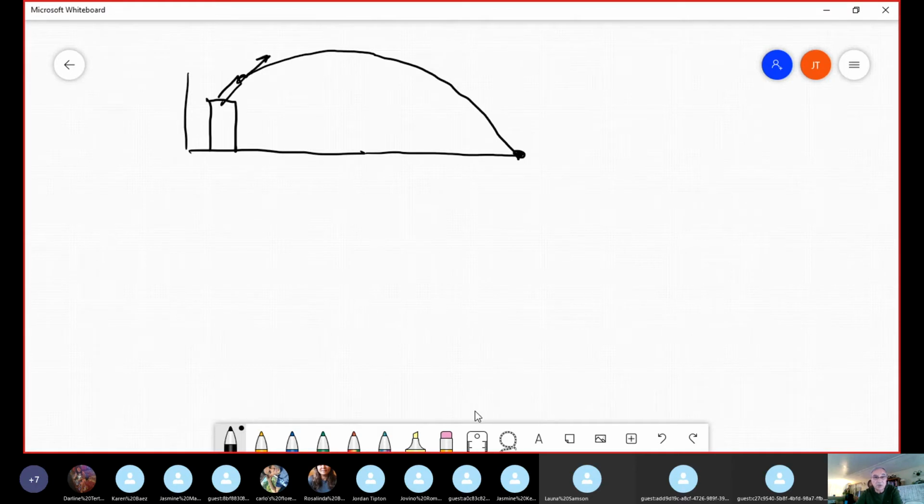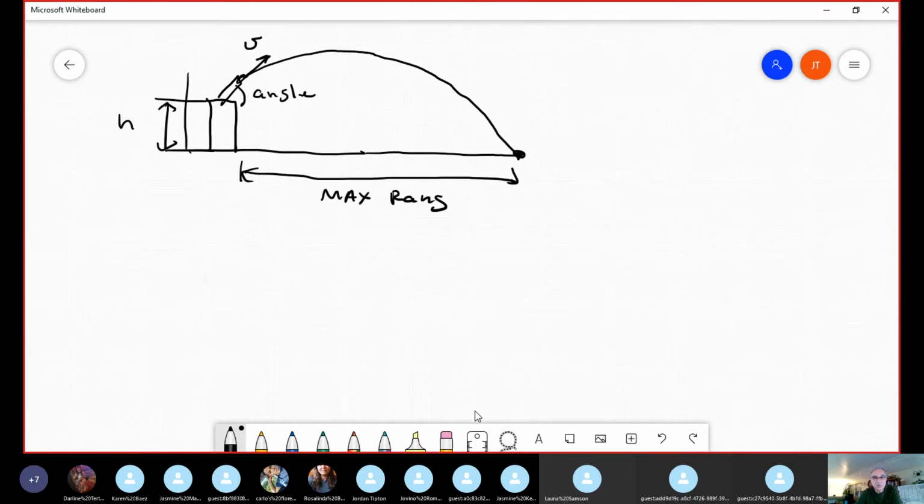You know the velocity of the bullet, you have the inclination angle, and you have the height. You need to find the maximum horizontal range and the maximum height.